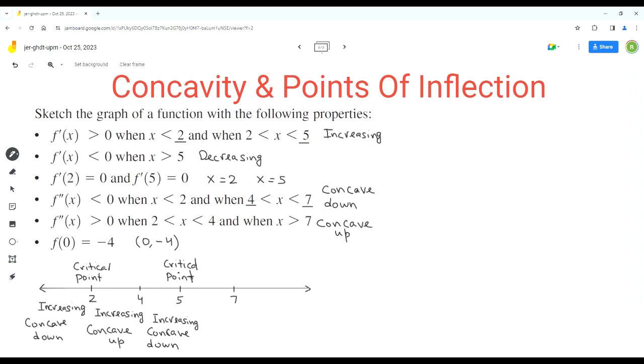Now between 5 and 7, the function is decreasing and concave down.